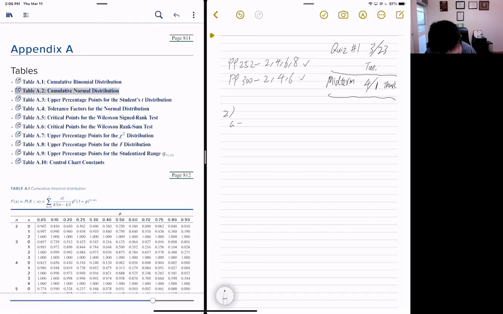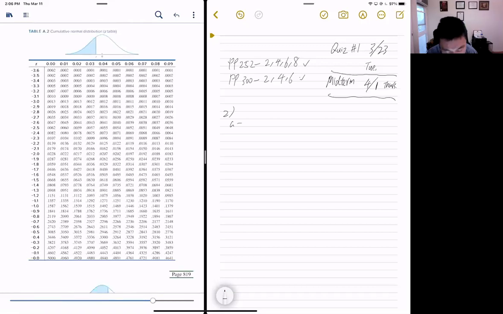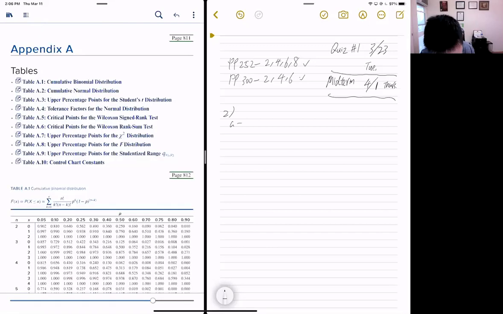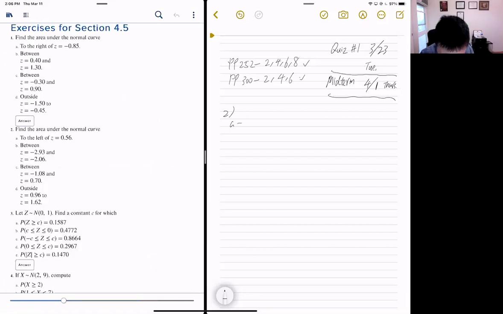Table 8.2 is the cumulative normal distribution, or the Z table. We have done questions using the Z table many times. We want the area to the left of 0.56.